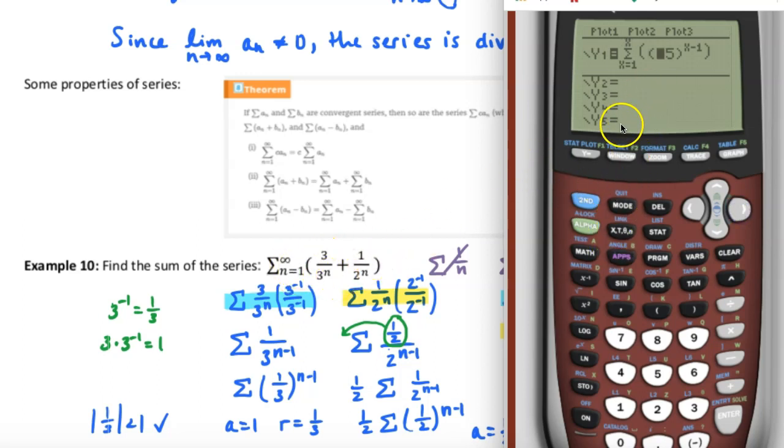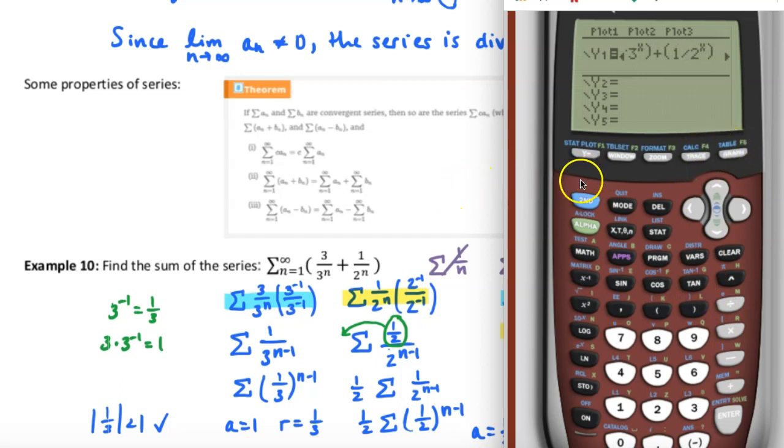So 3 divided by 3 to the power of n. So 3 divided by 3 to the power of my variable. And I'm adding to that the quantity 1 divided by 2 to the power of my variable.